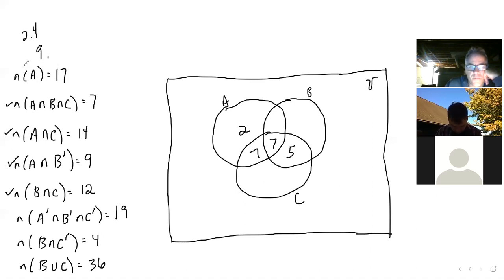And I'll jump back up here. It says the number of elements that is in A in its entirety is 17. A is made up of 4 regions, here, here, here, and here. So I know 3 of the 4, so I can add up 14 plus 2 is 16. And since that has to add up to be a total of 17, I would need one more there.